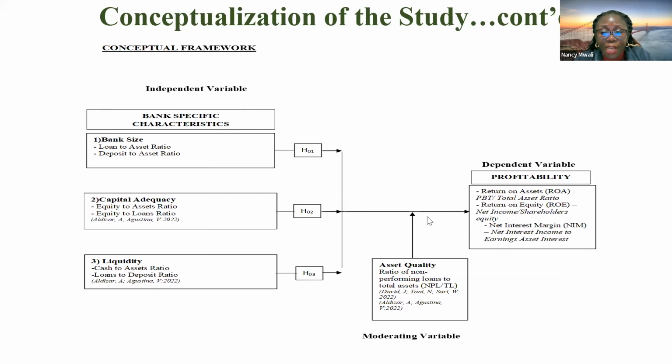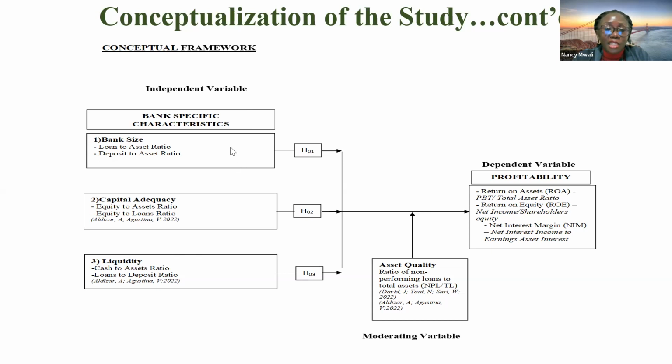And as it's heading towards profitability, putting it very simply, we have another variable, which is a moderating variable. In my case, we are calling it the asset quality, which is going to affect the relationship between the bank size and the profitability. Without going into a lot of technical financial things, you can imagine if the arrow was facing the opposite direction, what are we communicating?